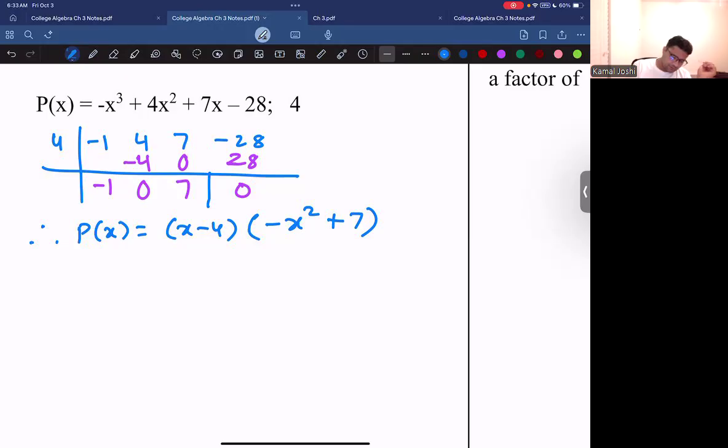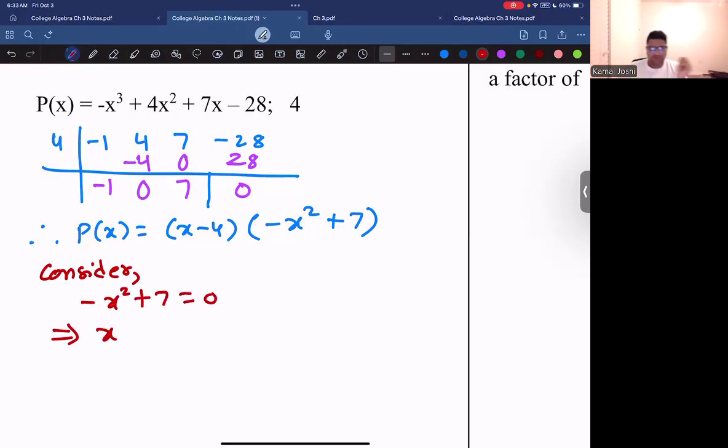Now consider the remaining term, minus x squared plus 7 equal to 0. That of course means x squared equals 7. Take the 7 to the other side, it becomes minus 7, and both sides are minus, so cancel the minus, you get x squared equals 7. And that means x is plus and minus root 7.